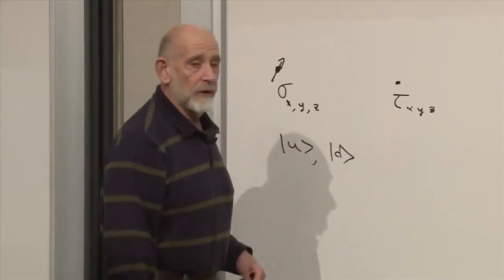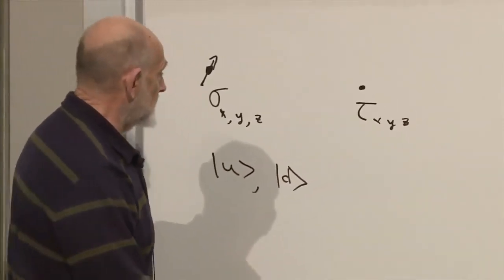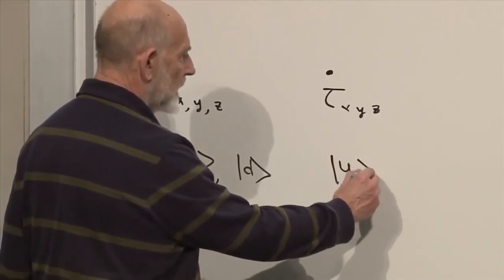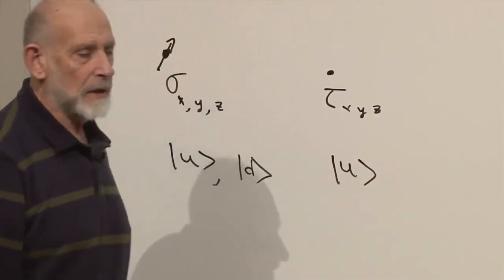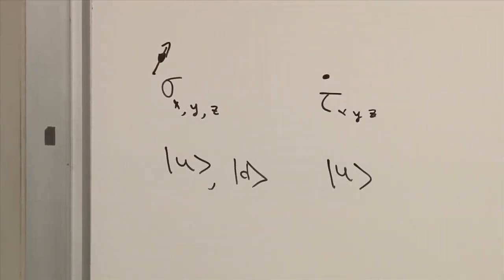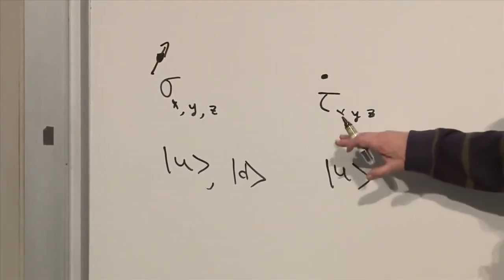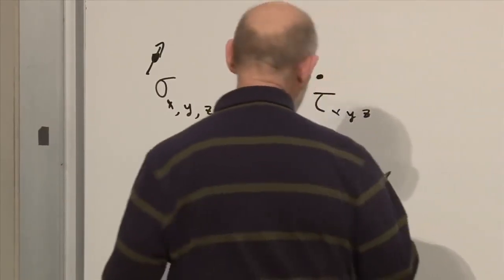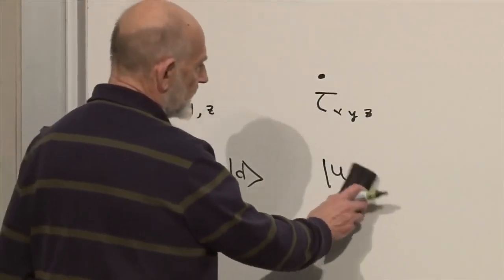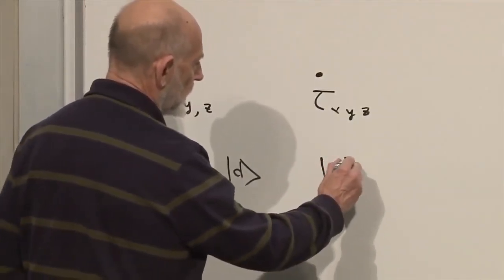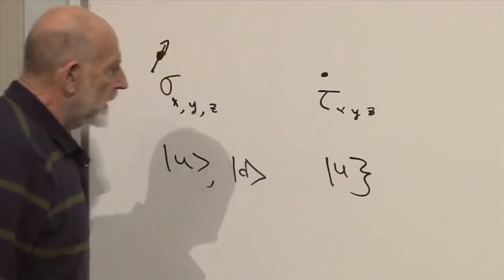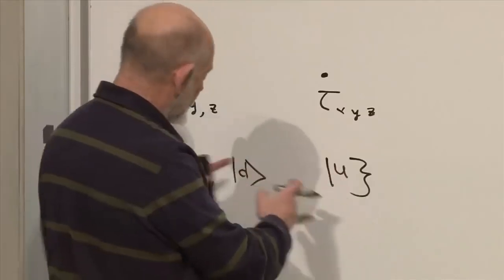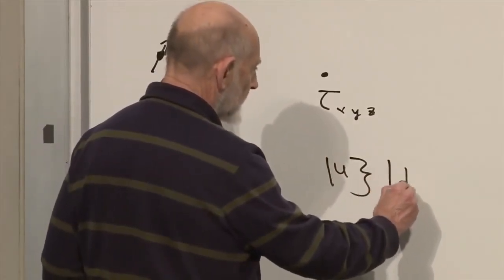Our basis vectors for tau are exactly the same, up and down. And maybe in order to indicate that these are vectors for the system tau, and these are vectors for the system sigma, let's use a slightly different kind of bracket notation here. Let's use a curly bracket. I'm going to give that up very shortly. I just want to point out to you that these are different than these.